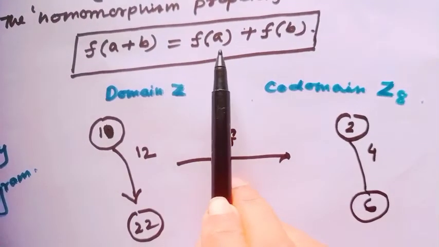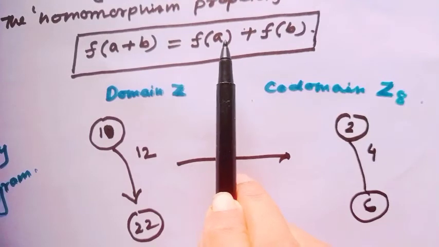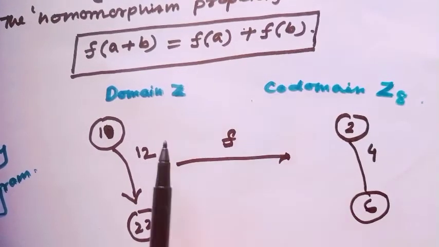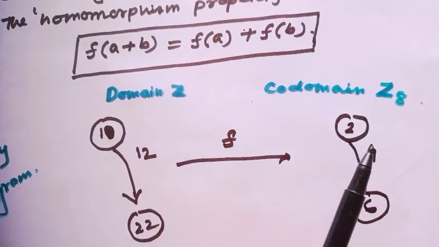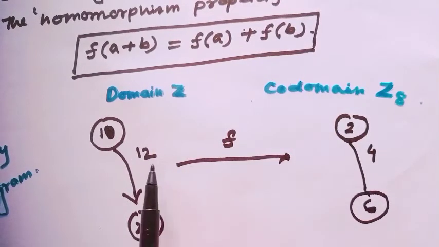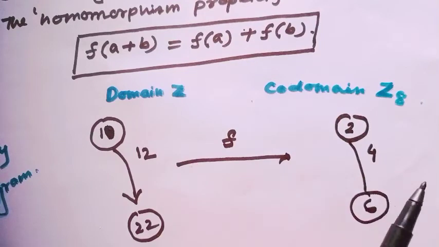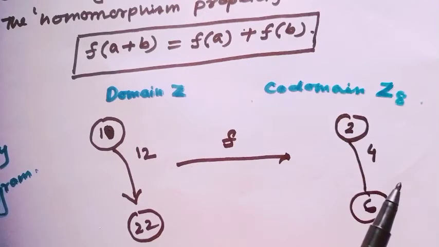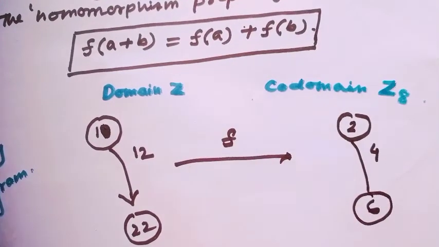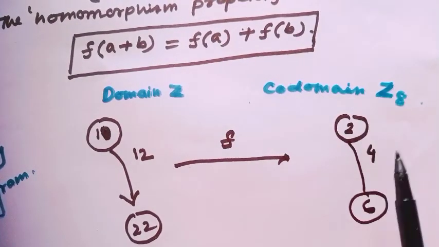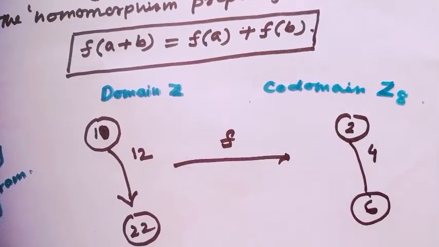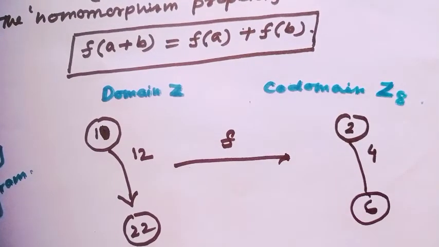Now verify, is it equal to f of a plus f of b? 10 in modulo 8 equals 2 and 12 in modulo 8 equals 4. After adding 2 and 4, this is equal to 6, which is the same as f of a plus b.